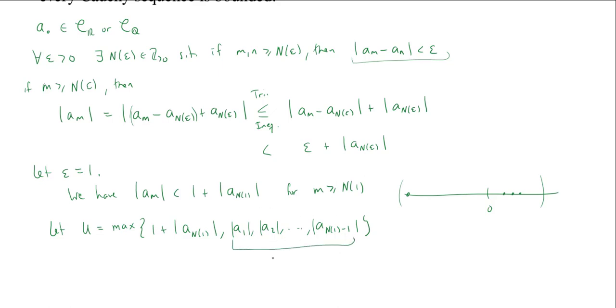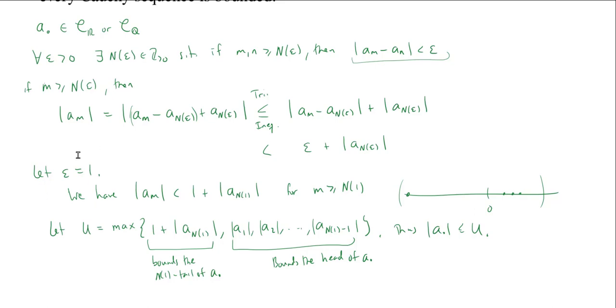So this bounds the head of a, and this we already showed bounds the n(1) tail of a. And so in total, you've bounded everything since we're taking the max. Thus, the absolute value of a_n is bounded by u. And that finishes the proof.